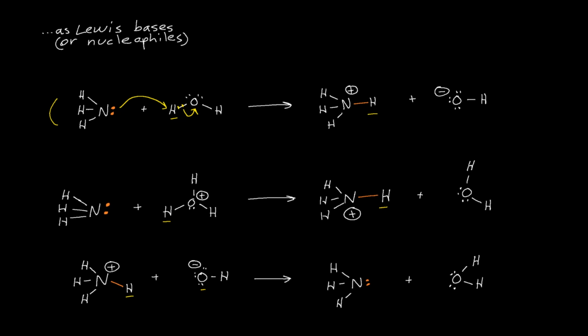So you have this new bond being formed in orange. And then the oxygen has an extra lone pair of electrons and now it's negatively charged. The nitrogen, notice, is positively charged. So when you see a nitrogen with 4 bonds, it's going to be positively charged. When you see it with 3 bonds, like over here, it ought to have a lone pair of electrons and have no charge.